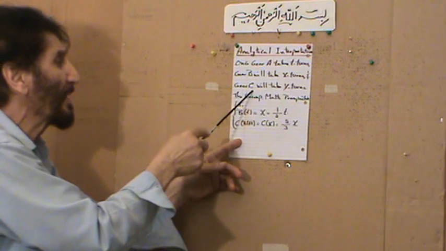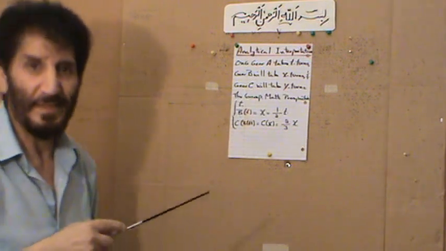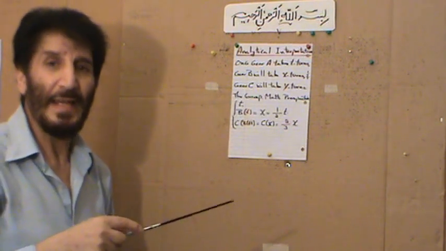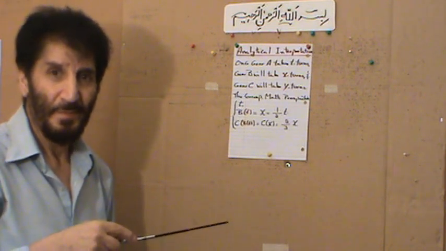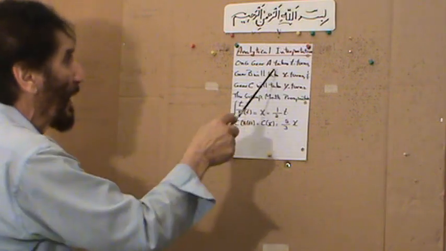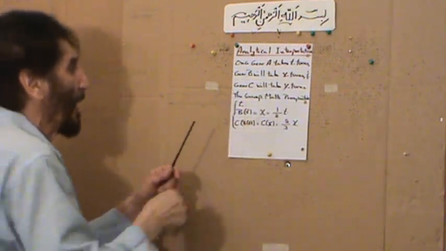And then gear C will take Y turns. Now we want to relate T, X, and Y together. Now let's see how I do that.